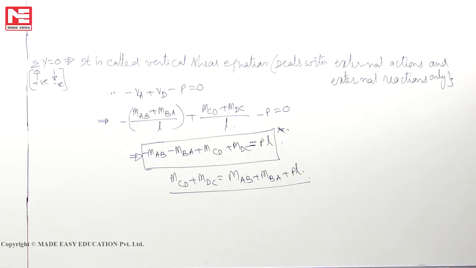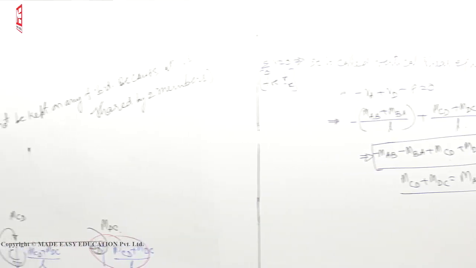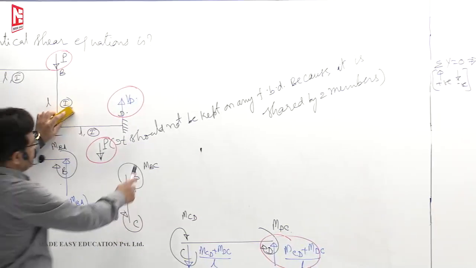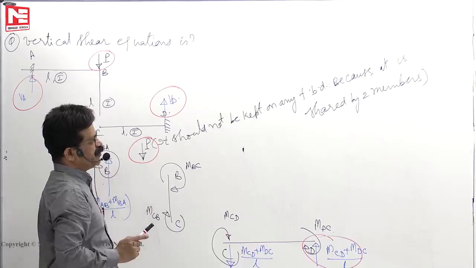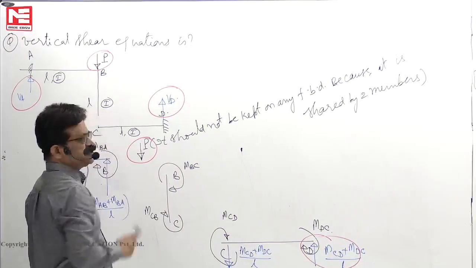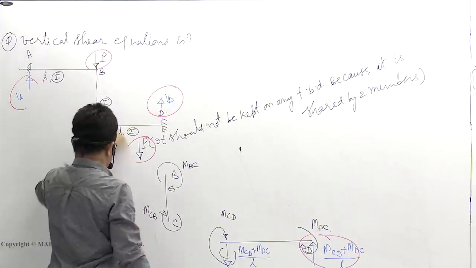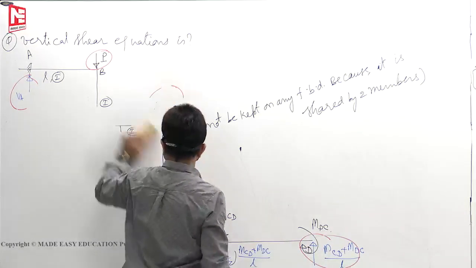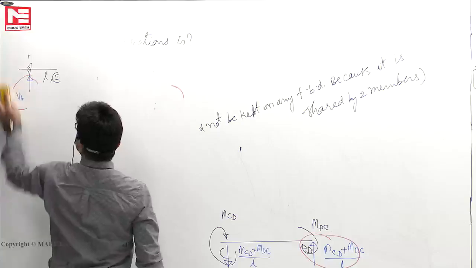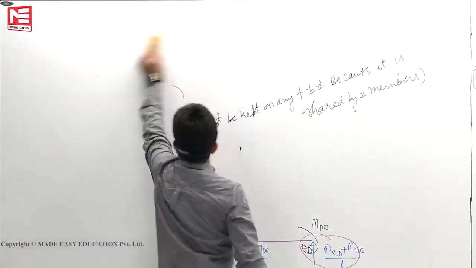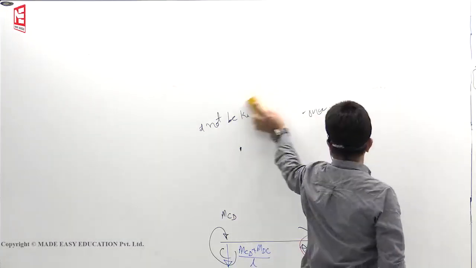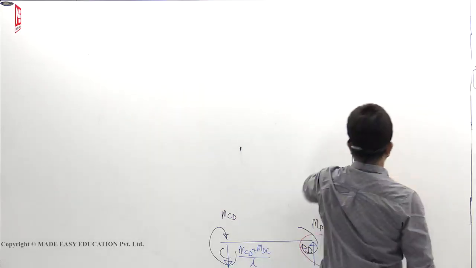Now, this type of free body diagrams we have drawn in strength of materials many places. That shear P should not be kept on any free body diagram because it is shared by two members. So, where you have drawn such type of free body diagrams is like in SM also is this way. More familiar example I tell you so that these diagrams will not trouble us.